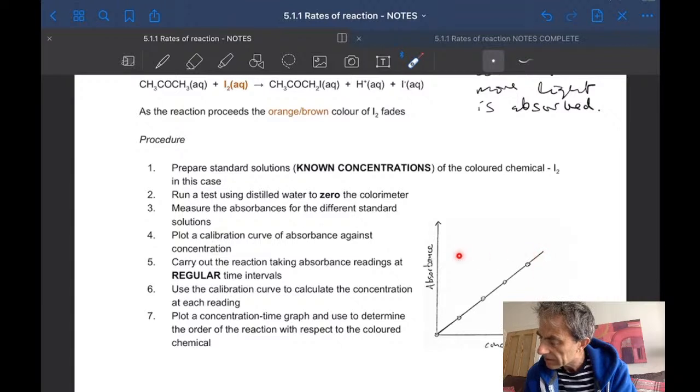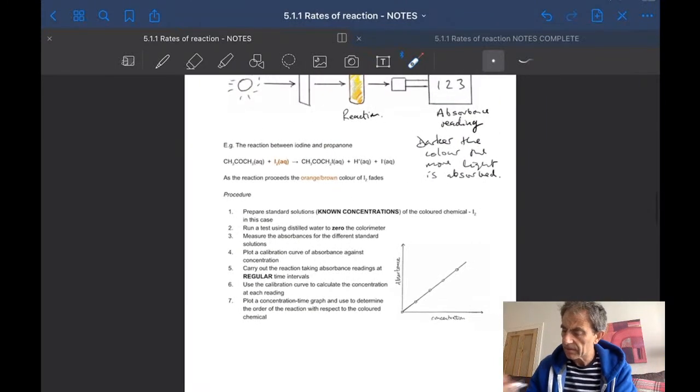See how it works? And then after 2 minutes, absorbance goes down because the colour's fading, so the concentration would be that. You go to that, 4 minutes, that, and so on. So this calibration curve is able to tell you what the actual concentrations are from the standard readings you've already taken. So that's basically that little experiment.